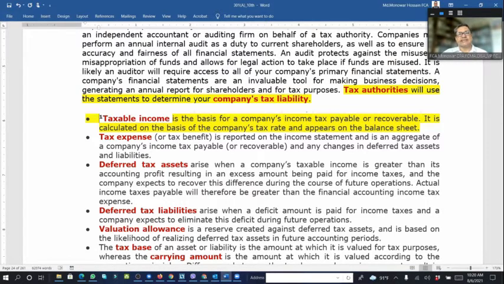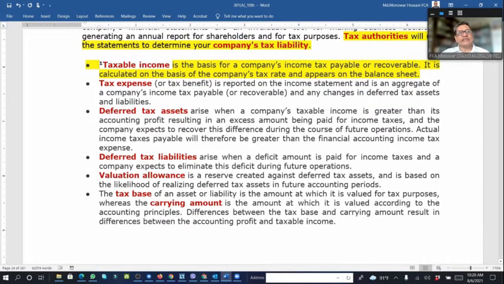So what is taxable income? Taxable income is the basis of the company's income tax payable or recoverable. It is calculated on the basis of the company's tax rate and appears in the balance sheet. Tax expense is recorded in the income statement as the aggregation of the company's income tax, that is, how much tax we have to pay.